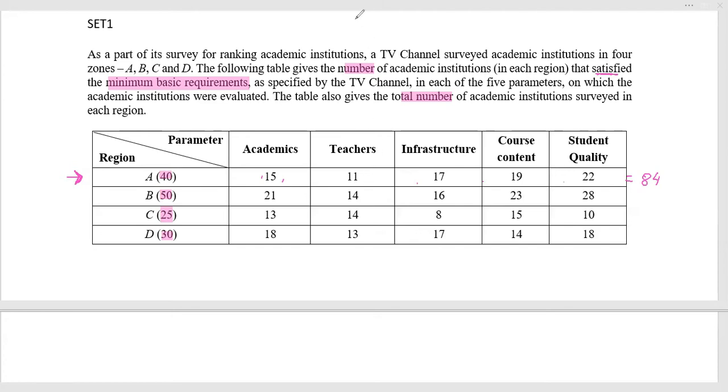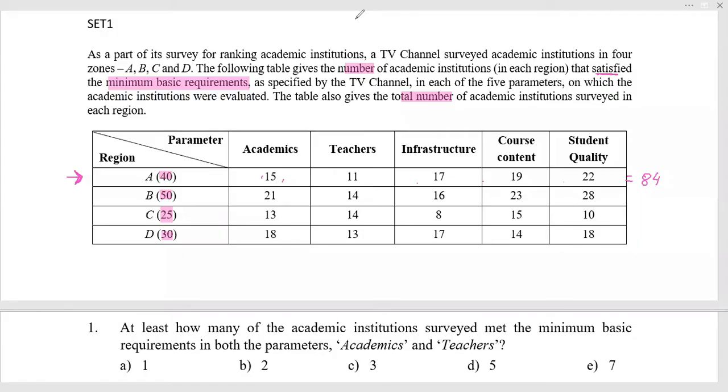Let's go for our first question of this type. Question number 1 says: at least how many of the total academic institutions surveyed met the minimum basic requirement in both the parameters, academics and teachers?